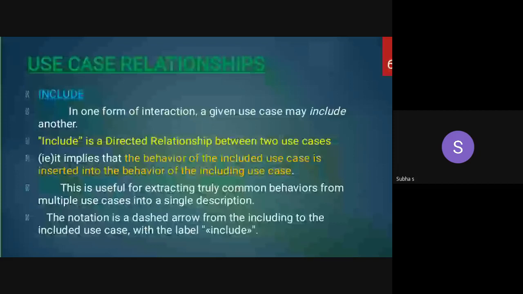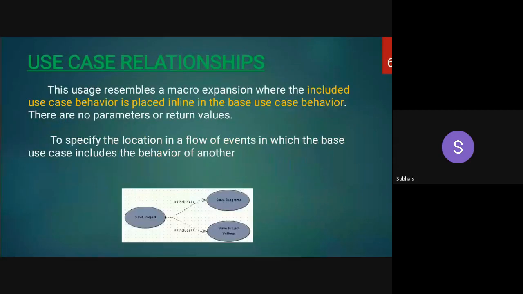So here the notation is a dashed arrow from the including use case to the included use case. One use case is included, and another is represented as the including use case. Here, downwards, there is one diagram.